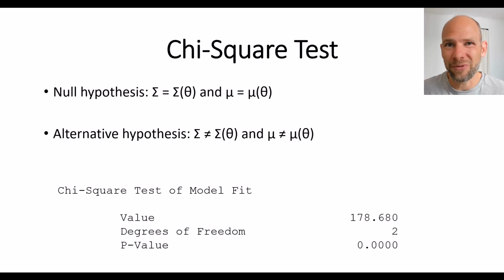The model doesn't fit. That's one thing that confuses many people when they first encounter model fit assessment in SEM. They are surprised that a significant result here is often not what you want. However, it is useful because it allows us to falsify incorrect models, to get rid of incorrect models in favor of models that fit the data well.